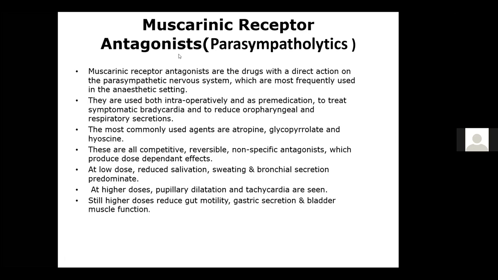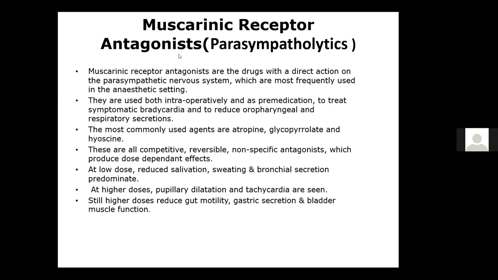There are so many in this group, but you only need to know 4 of them. The 4 that you need to know are atropine, which you'll see being used a lot in practice when you're practicing as a doctor, glycopyrrolate, hyoscine, and then ipratropium, okay?